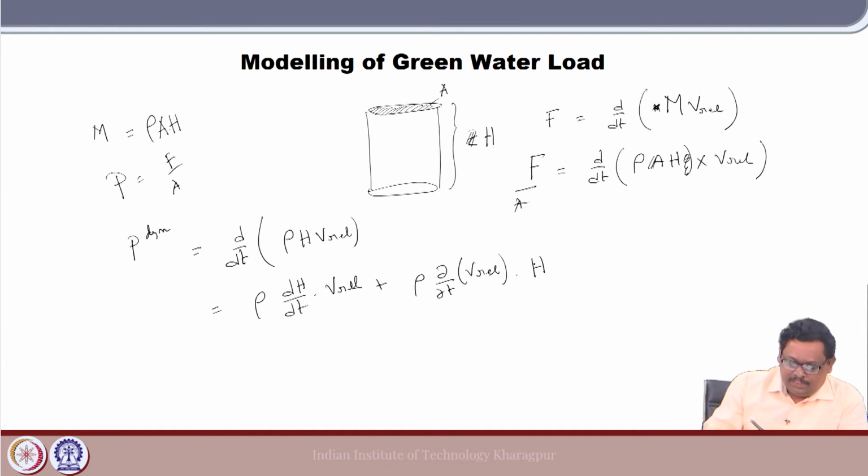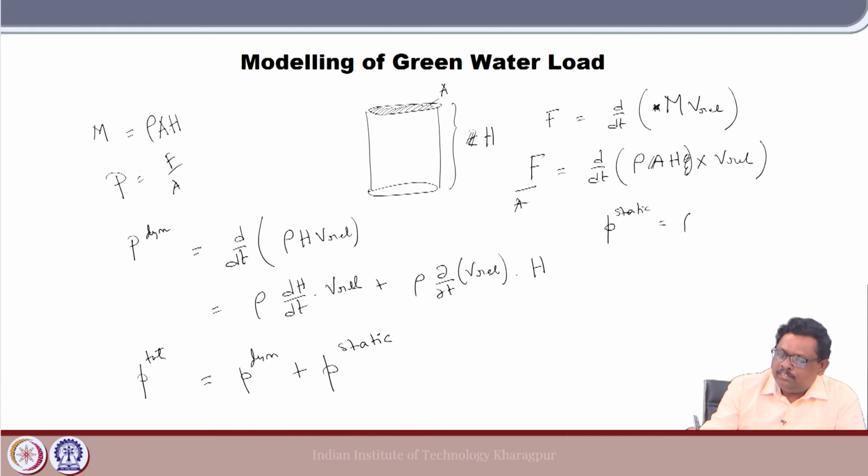Now, the total pressure, P total, should be P dynamic plus P static. What is the static pressure? The expression for the static pressure is rho into g into capital H, because this is what we are assuming.